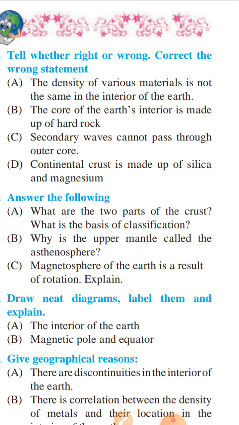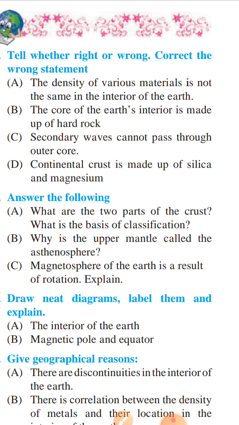These are the two parts of the crust. Continental crust mainly comprises silica and aluminium, and it is also called Sial. And oceanic crust is composed of silica and magnesium. It is called Sima.